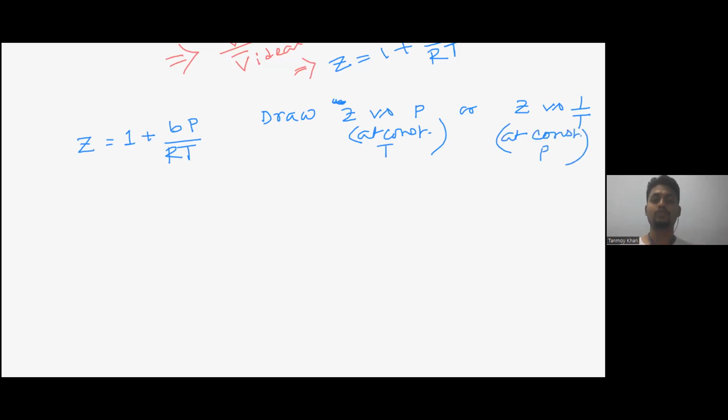Those are the two plots you need to draw. Right? How will it look?